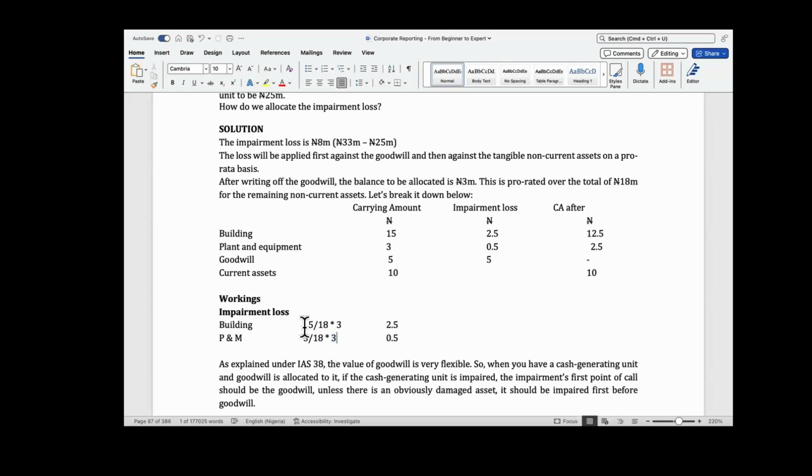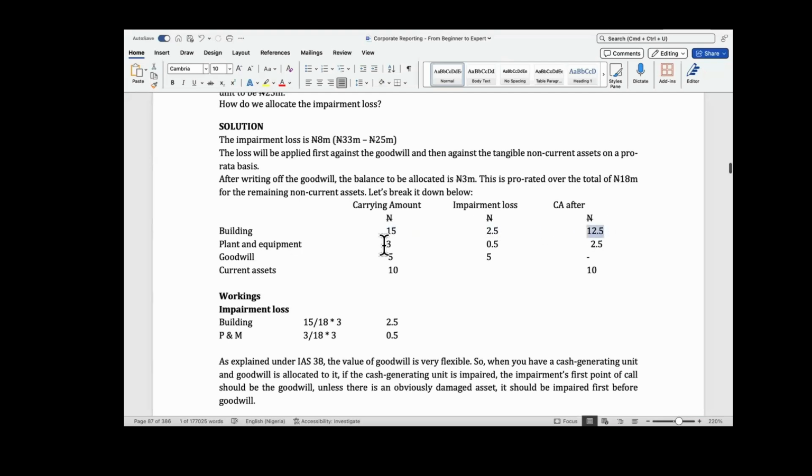So if you do this on the calculator, the building gives 2.5 million. The plant and machinery gives 0.5 million. So when I go to my table, for my building, I put 2.5 million. For my plant and machinery, I put 0.5 million. So after applying the impairment loss, what is now my new carrying amount? The carrying amount after impairment loss for the building will be 15 minus 2.5, which is 12.5.